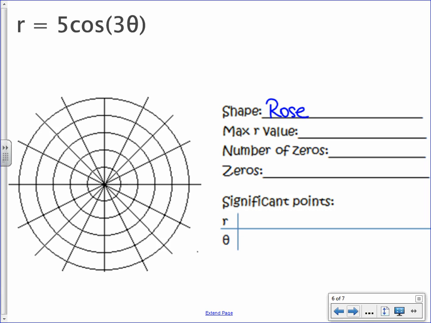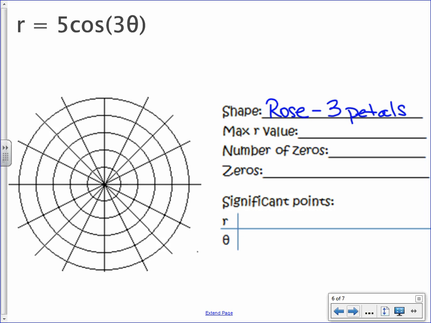This theta has a coefficient, as opposed to a circle, which just has theta. Now, how many petals is this rose curve going to have? 3. Anytime you identify a rose curve, you must identify how many petals it has.